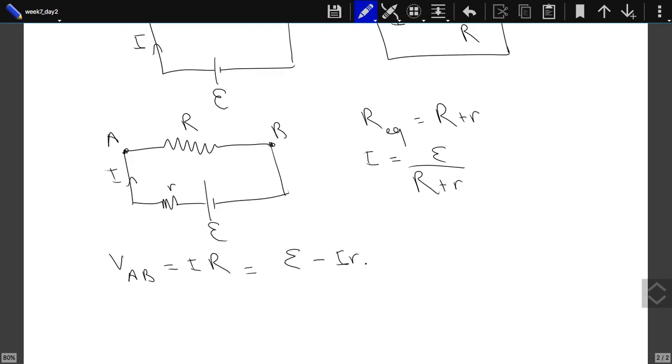So V_AB is the potential across the battery. This is our real battery. So this is less than or equal to epsilon. The voltage across a battery will be smaller than the EMF of the battery, and the difference will be determined by the current and the internal resistance.